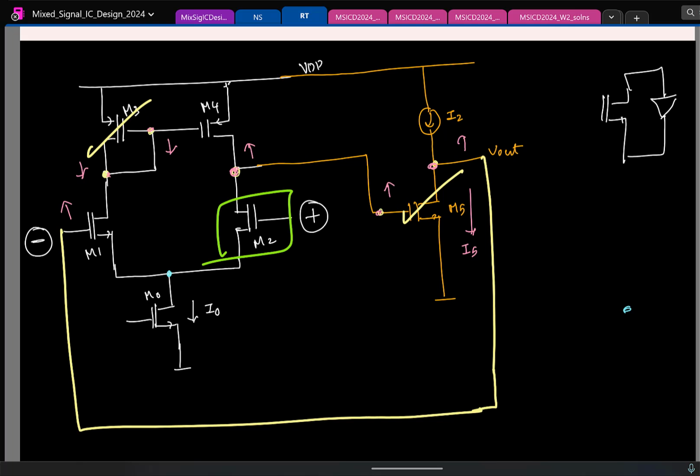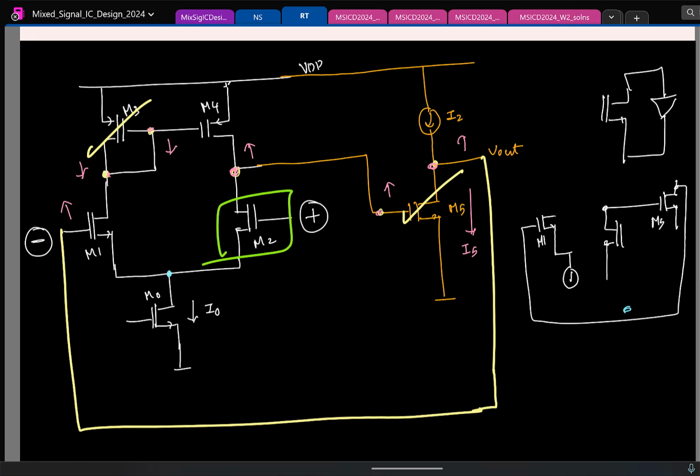Now if I look at M2 alone, I have the second stage M5 here amplifying it. That amplified signal I am giving to M1, buffering it, and then feeding it to the source. Does it make sense?